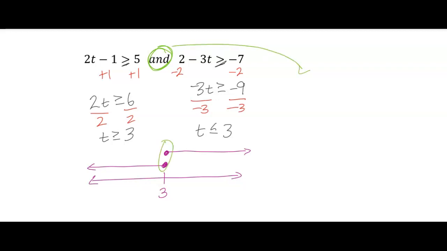So the overlap here is just the number 3. So how are we supposed to write that? I mean, you can't use interval notation. There's not a left end and a right end. There's just a single number all by itself. So this is, although rare, a possibility.